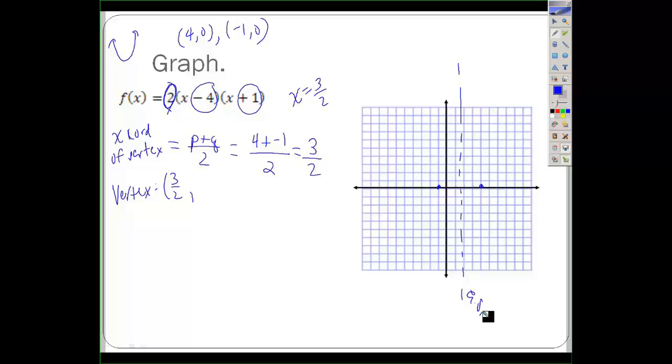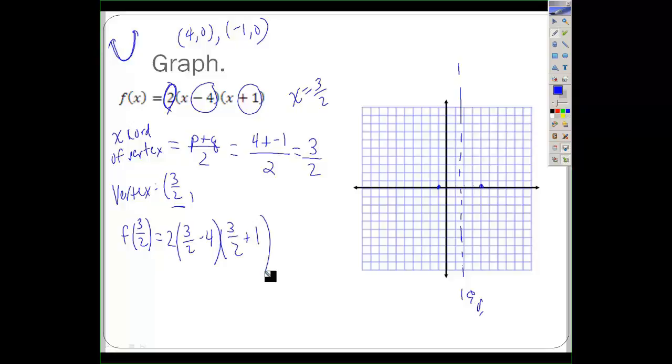Now, the goal will be to get a negative value for y, because I need the point to be somewhere down here on this axis of symmetry so that it makes sense with my graph and with my a value. So I'm just going to plug in my x-coordinate, 3/2. f(3/2) equals 2 times (3/2 minus 4) times (3/2 plus 1).